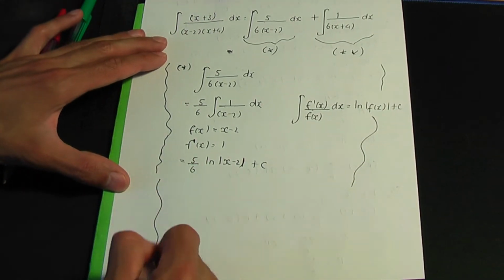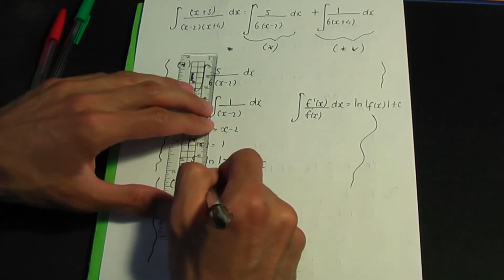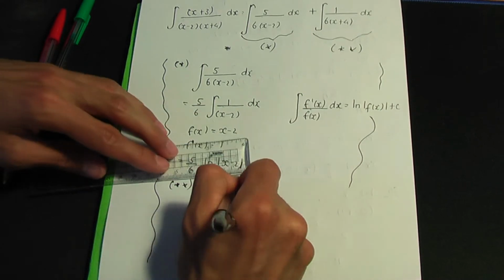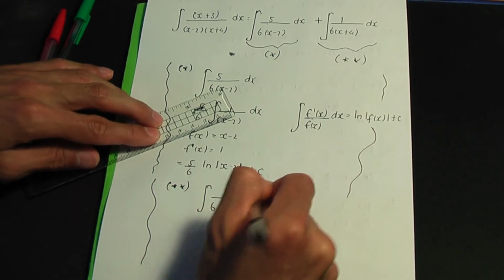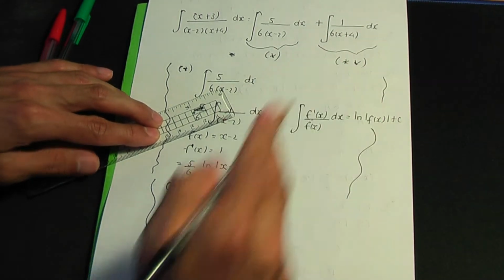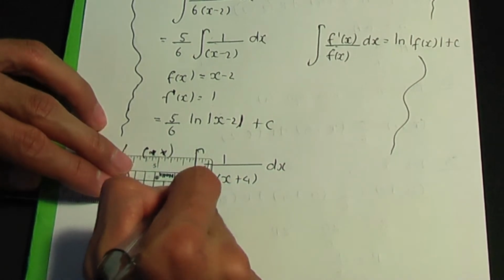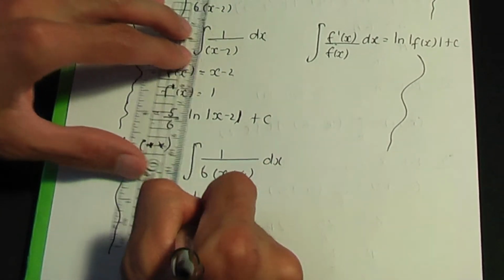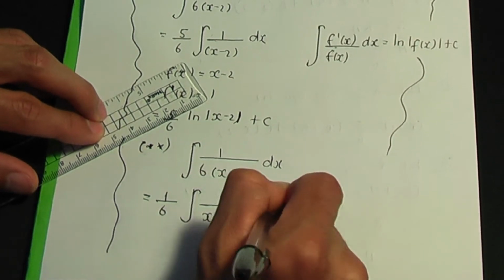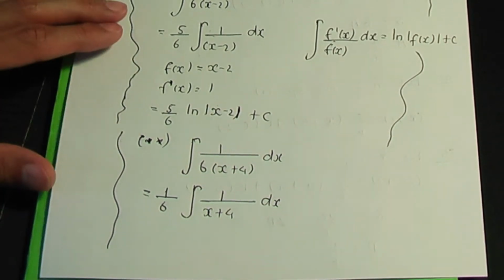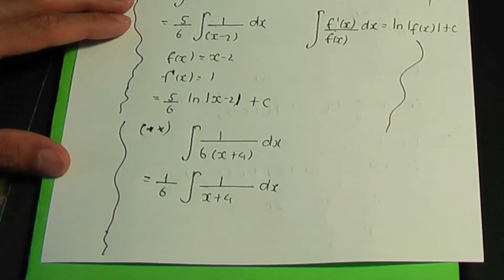Let's do the same for double star, another side calculation. So let's integrate the 1/6 times x plus 4 that we see here. As I did with star, I'm going to take a common factor of 1/6, leaving me with 1 over x plus 4 to integrate. Let's see whether this result works here also.